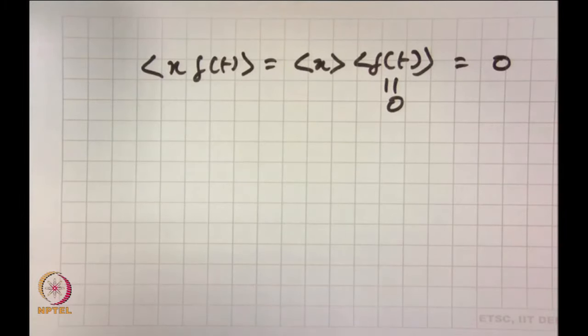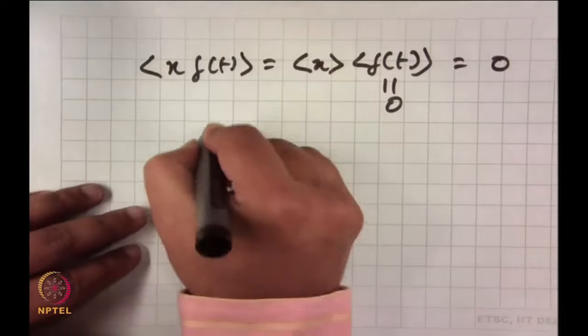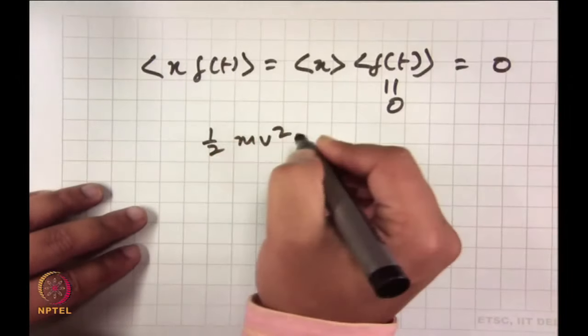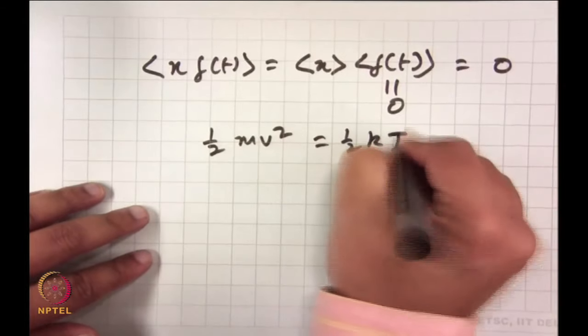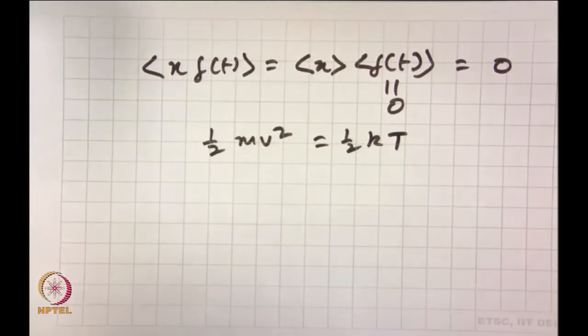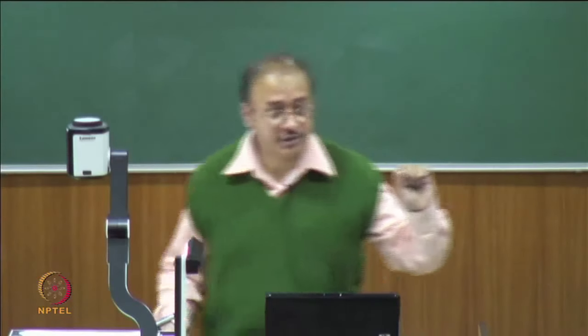Now, one more thing, this is again from the equipartition principle, right? What did we say? Half m v squared is equal to half k T, right? What is v equal to? x dot, isn't it?